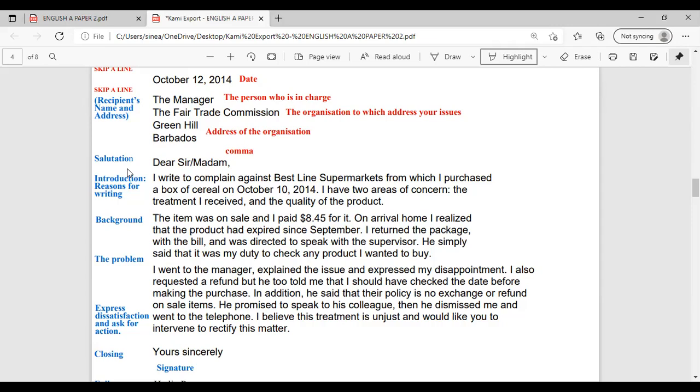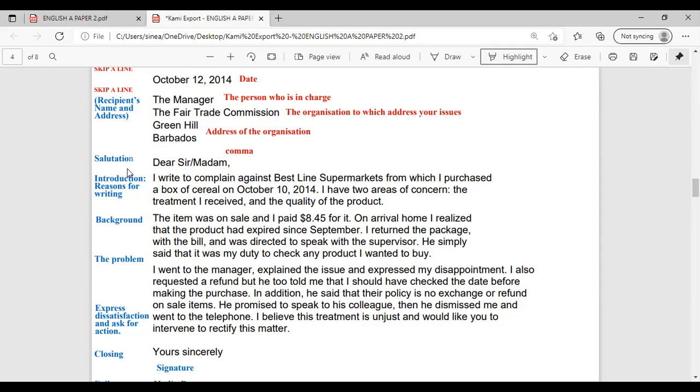So the other option for him was to launch a formal complaint to the Fair Trade Commission to do an investigation into this matter. So this is an easy 30 marks.